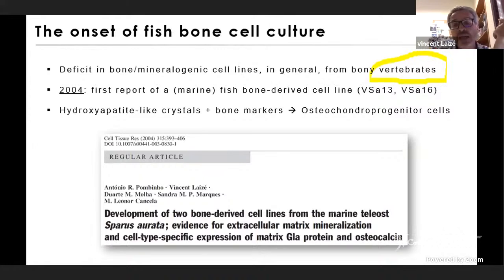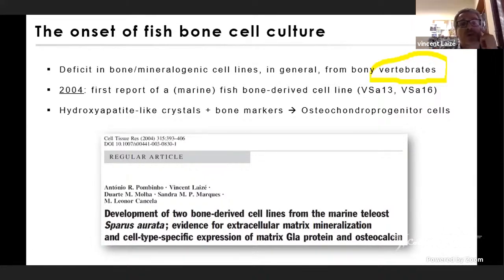And I explained that already in the first slides. It's much more difficult to get the cells out of a hard matrix than from a soft matrix. So it takes more time. The cells are usually more damaged. So we have less success in the development of fish cell lines from hard tissue.